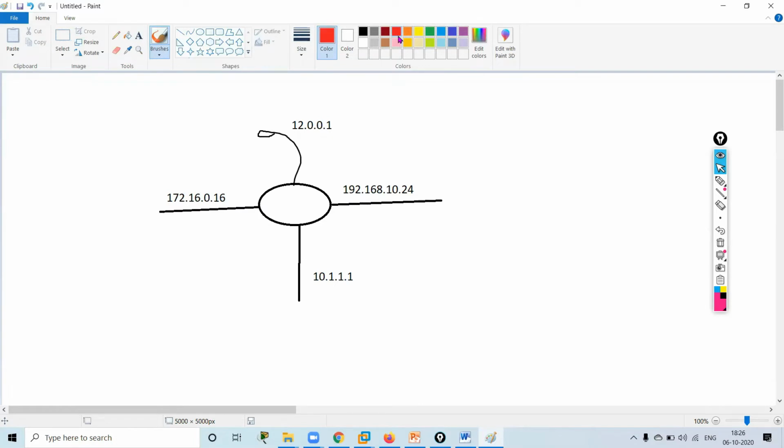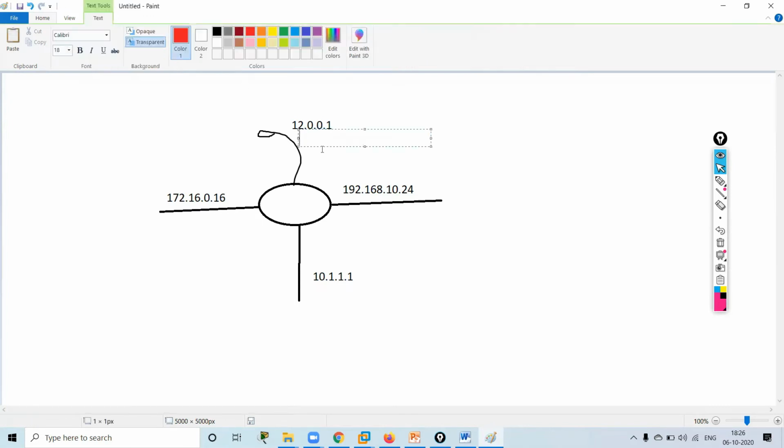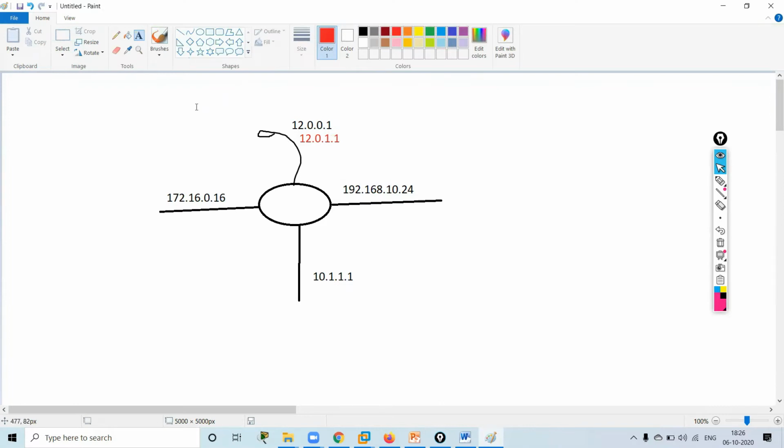Now tell me which IP address the router will select as the router ID. Suppose I add one more loopback over here, 12.0.1.1. There are two loopback addresses, and I have three physical interfaces.